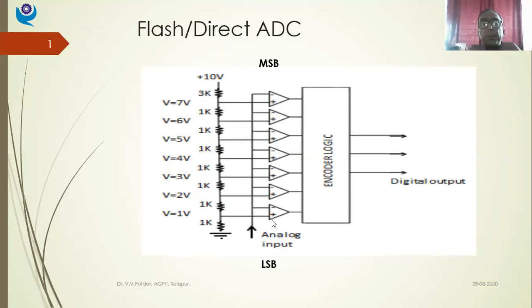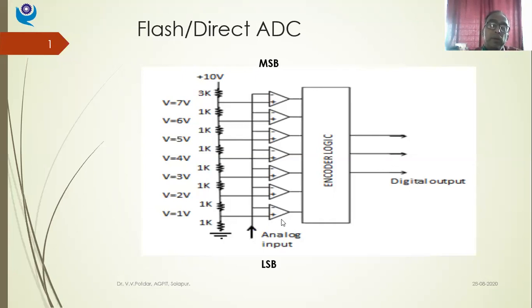To the inverting terminals, all of which are connected together, we are going to provide this analog input. This is my signal which I obtained from my sensor or transducer, which is an analog signal. Now, this is to be converted into the digital form. This is our objective.